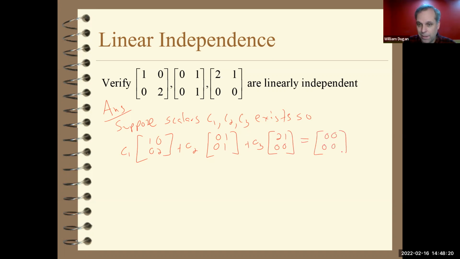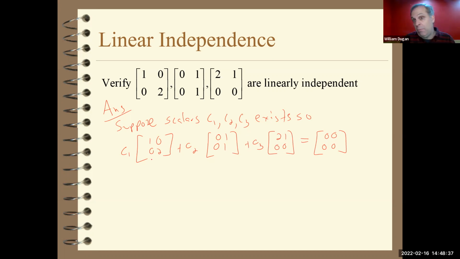So I'll show that the scalars have to be zero, that the only way that's possible is if all the scalars are zero. If I could ever show that one of the scalars could be non-zero, that would mean that these three matrices are linearly dependent.